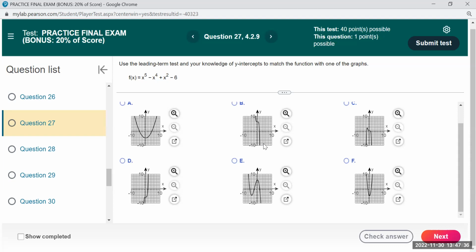Can't be that because they both point the same direction. Can't be this because they both point the same direction. Can't be this one because it points down. It has to be this one. And the y-intercept is -6 down here. So it has to be D.